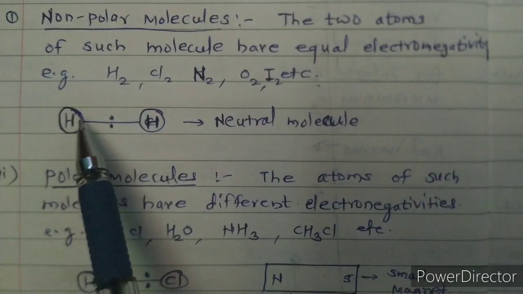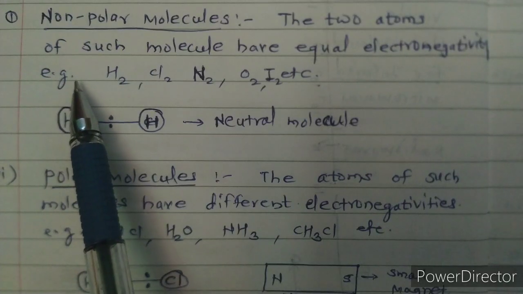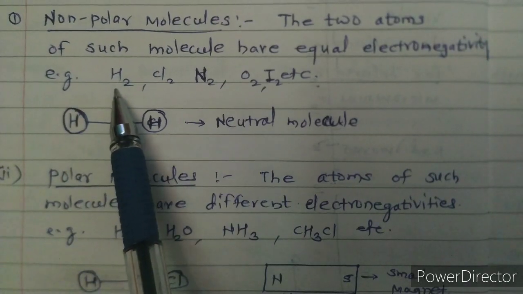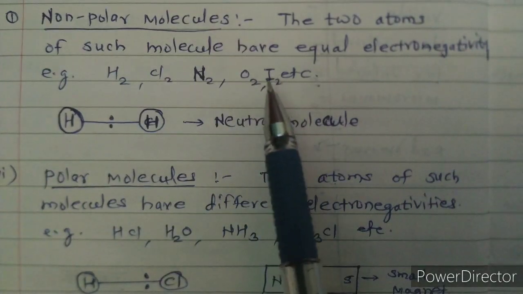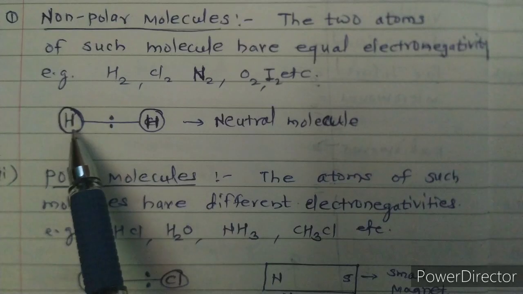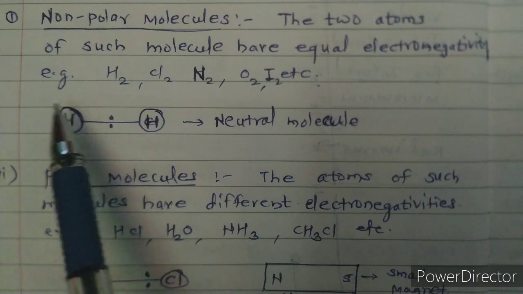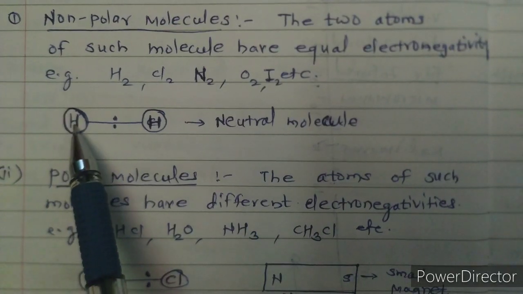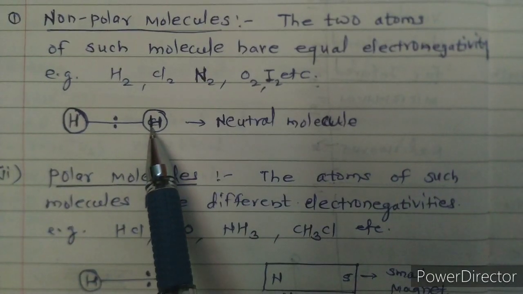Here we have some examples of homodiatomic molecules like H2, Cl2, N2, O2, I2, etc. For example, we consider the H2 molecule. The H2 molecule is made up of two hydrogen atoms. So here it is one hydrogen atom and the other hydrogen atom is here.